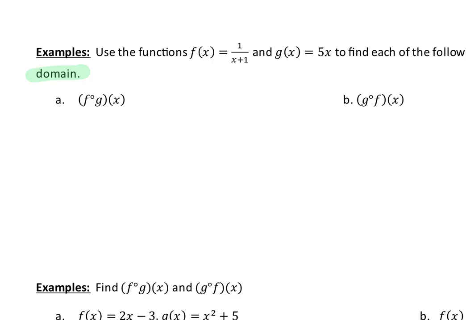All right, the first thing that we want to do is we're going to go ahead and plug in. And so what I want to do is I'm going to rewrite this as f of g of x. And what this means is I am going to take my 5x, I'm going to replace it in my x, and so I'm going to replace the x in the denominator with 5x.